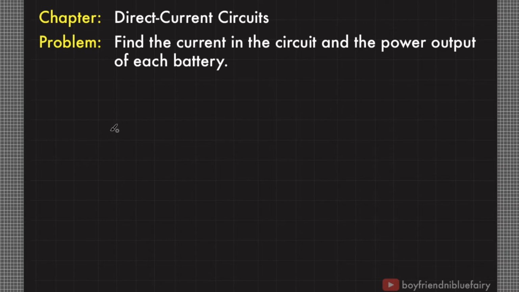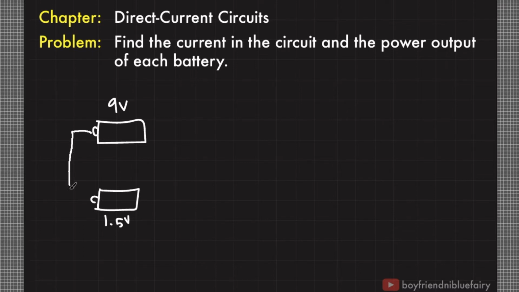So for example, I have a 9 volts battery and I'll try to charge a 1.5 volts battery using this 9 volts battery. But of course, to avoid overheating or transfer of an enormous amount of charge, I'll put an external resistor between the 9 volts and the 1.5 volts.